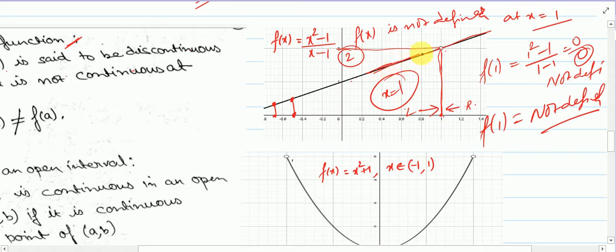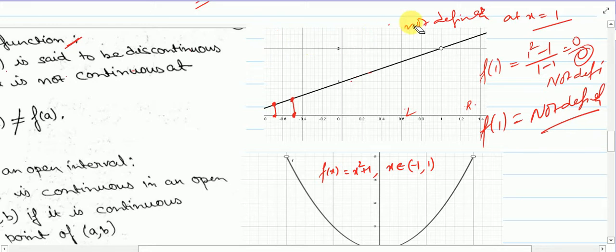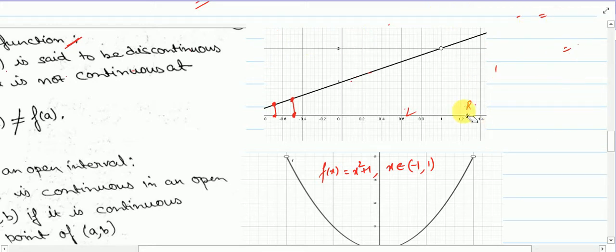So at x equal to 1, I am forced to lift my pen to continue to draw the graph. That's how this is discontinuous at x equal to 1. At other points it is continuous. So we say that a function is discontinuous at x equal to a if it is not continuous.